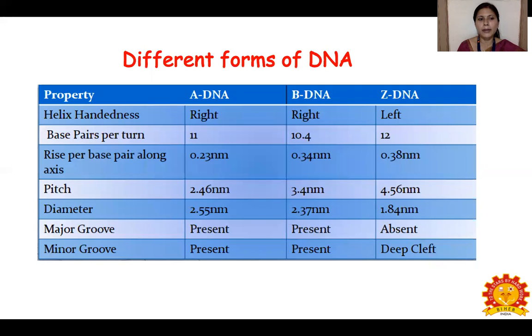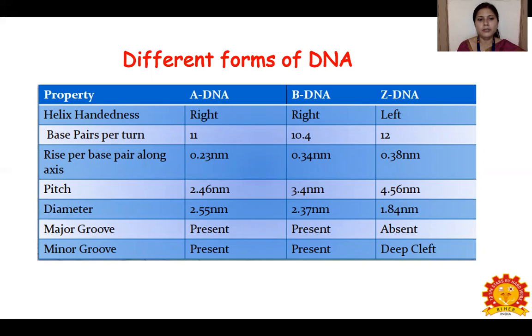So here we are given the tabulated form of the different forms of DNA. Here we can see that A-DNA is right-handed, B-DNA is right-handed, but Z-DNA is left-handed. Base pairs per turn: for A-DNA 11, B-DNA 10.4, and Z-DNA 12. Rise per base pair along the axis: A-DNA 0.23 nanometer, B-DNA 0.34 nanometer, Z-DNA 0.38 nanometer.